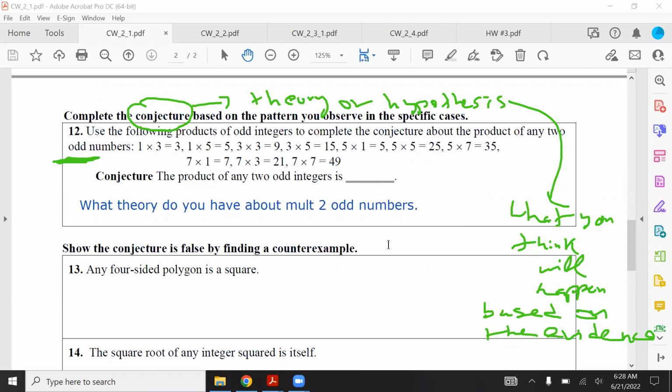What theory do you have about multiplying two odd numbers? Let's put a little question mark.